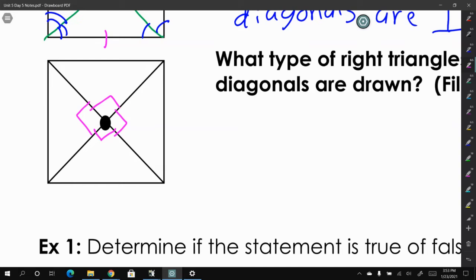Also just like in a rhombus, these angles are congruent, and these angles are congruent. Well, the angle measure of those angles has to be 90 degrees, because if you call these two angles x and x, and this angle is 90 degrees, that makes these have to be 45. So all of these angles here are 45 degrees.